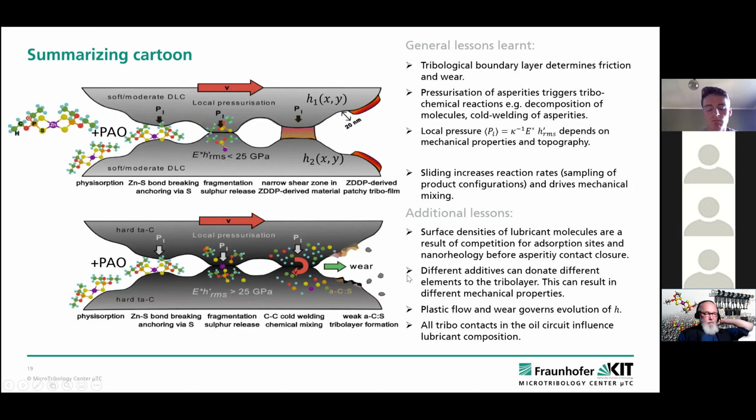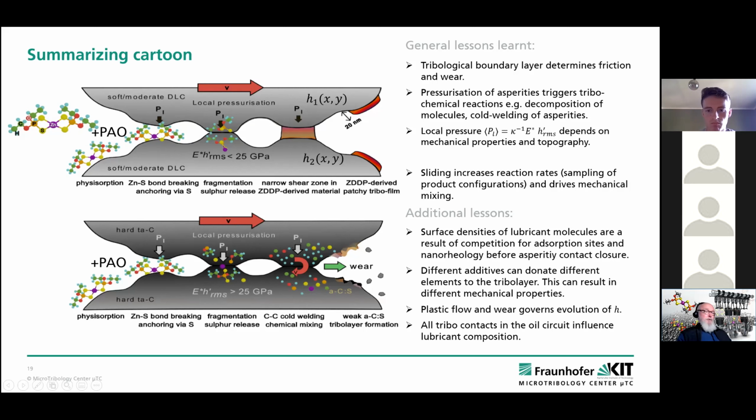We heard already from a previous talk that there is different density of lubricant molecules on the surface, and this of course is due to a competition between adsorption sites of the different lubricants, and that influences nanorheology. So it depends on the entry of your tribo system how much of the lubricants are here, and this of course determines the tribochemistry in the coatings.